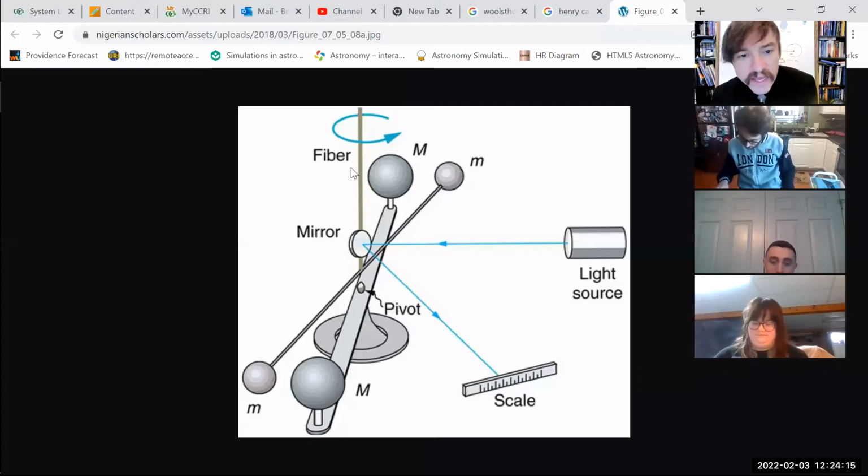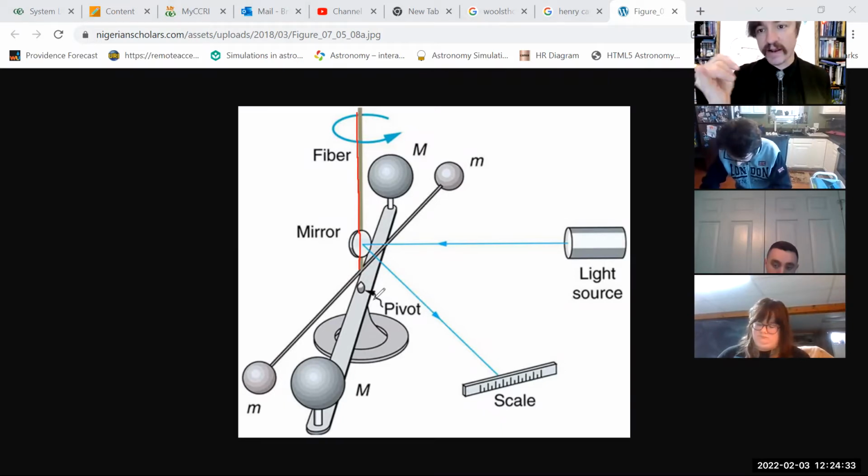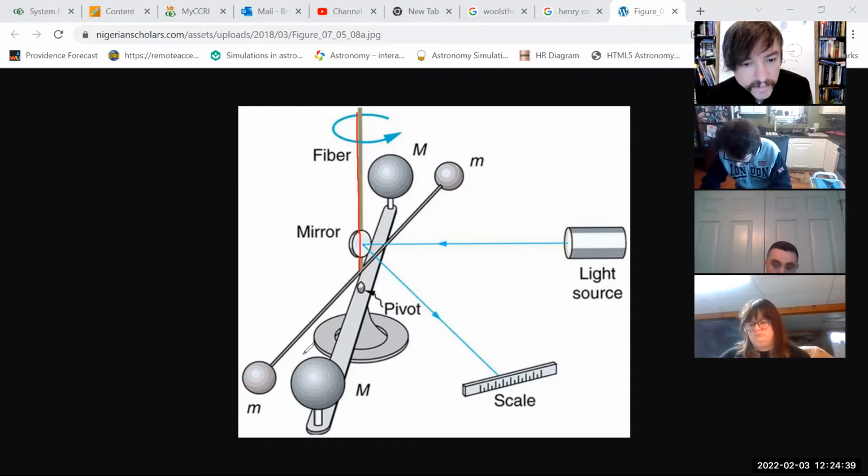He took these 2 masses of lead, which are very dense, and he attached them by a thin metal rod, and he hung the rod from something called a torsional fiber. A torsional pendulum hangs by a wire, and it kind of rotates in a horizontal plane, but it doesn't go up or down.